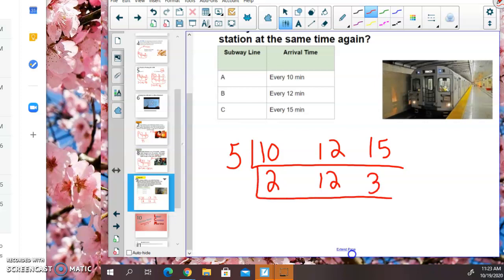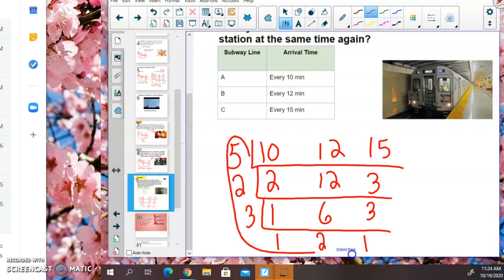There is a number I could divide out of at least 2 of them on here. I could divide a 2 out of the 2 and the 12. That leaves me with 1. 12 divided by 2 is 6, and then that can't work with 3, so I just keep 3 down there on the bottom. Then I can divide a 3 out of the 6 and the 3, so it doesn't work with a 1. 6 divided by 3 is 2, and 3 divided by 3 is 1.